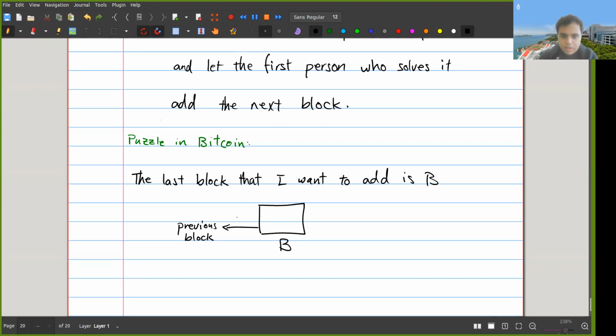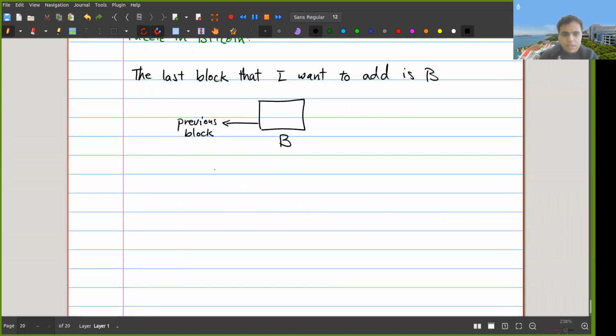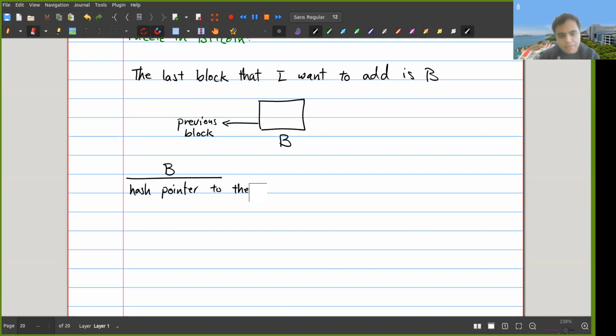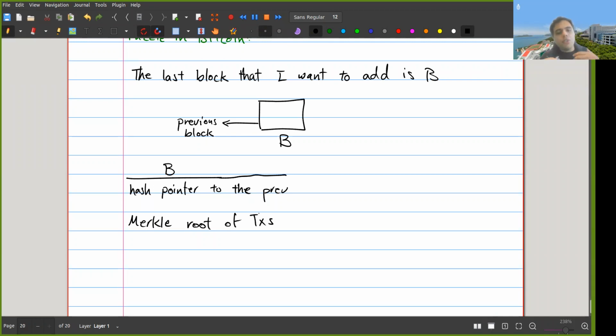So if I want to be even more concrete, what does each block contain? It has a hash pointer to the previous block. It has the Merkle root of its transactions, which, as we saw before, is a summary or digest of all the transactions that are in this block.